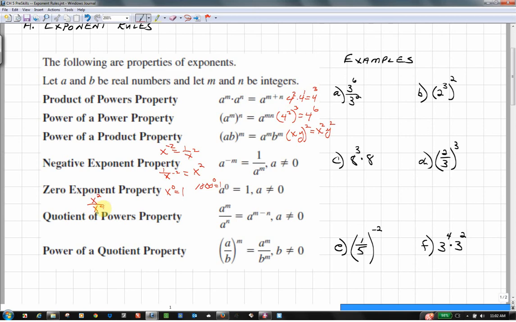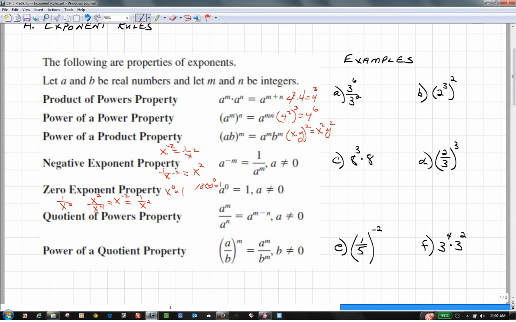I could say this is equal to x to the 2 minus 4, but then now I have a negative exponent, so that would be 1 all over x squared. A simpler way to do it is just look at where the biggest exponent is and subtract those exponents. So, for example, 4 is larger than 2. 4 is in the denominator, so I would take 4 minus 2. That would give me 1 over x squared. So wherever I have the largest exponent, then that's where the base will be. So it gives you the same answer both ways.